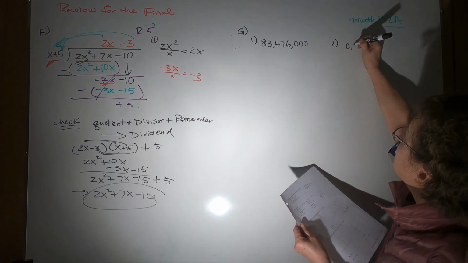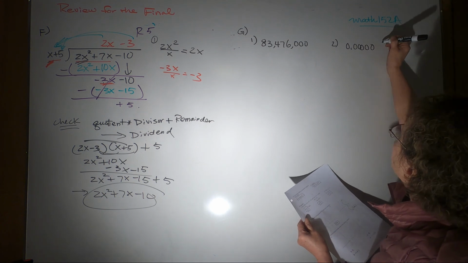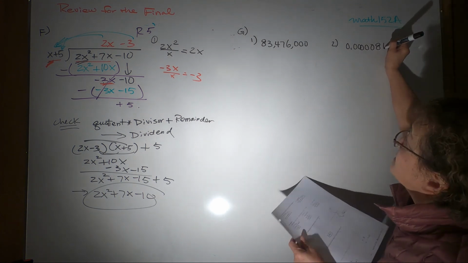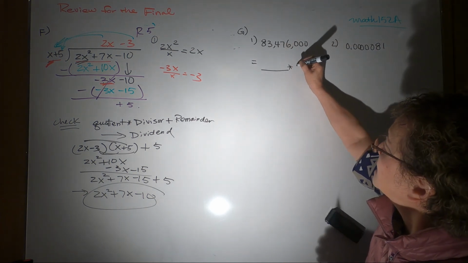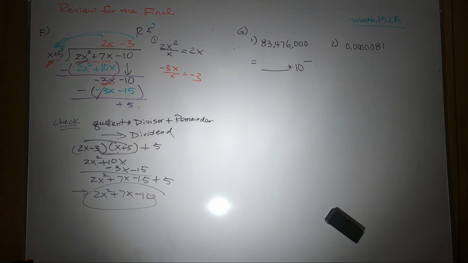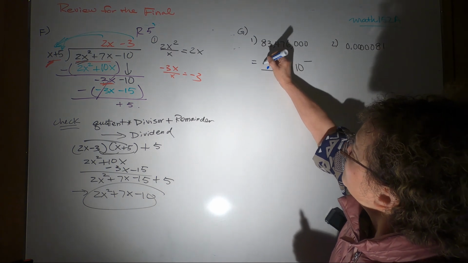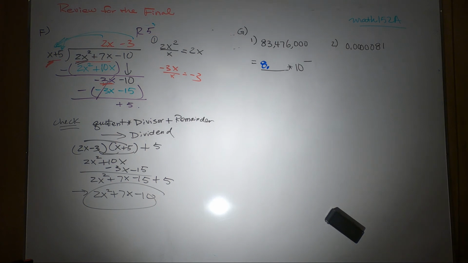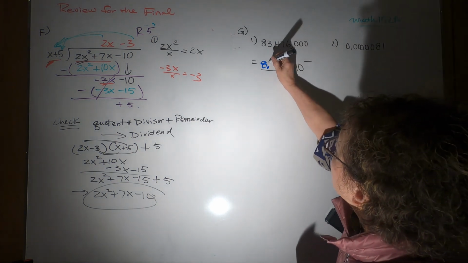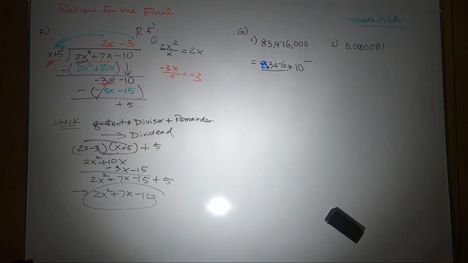Then we have to change them to scientific notation. That's 5 of them. So for scientific notation, we need to times 10 to some power. For the regular number, you can only have one digit before the decimal point. So that would be 8. The remaining ones, you still need all the numbers: 3, 4, 7, 6, right? That's the number you need to put there.